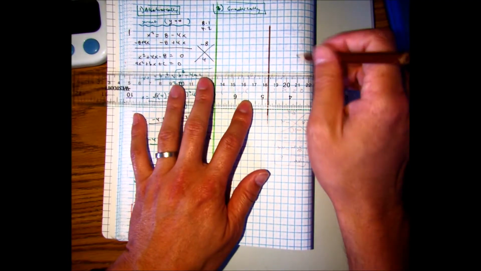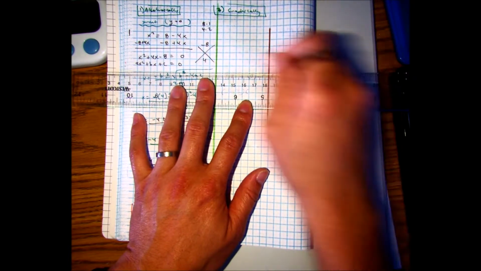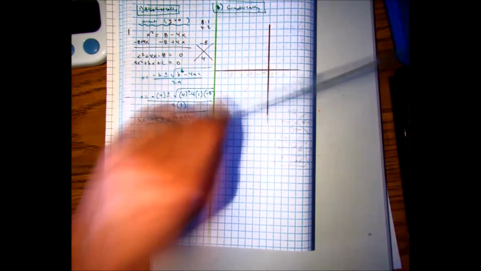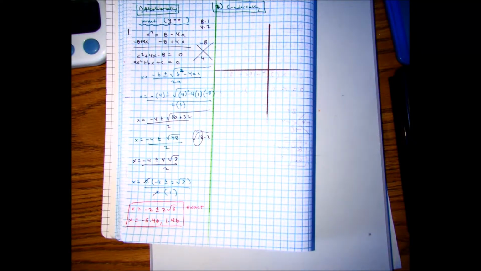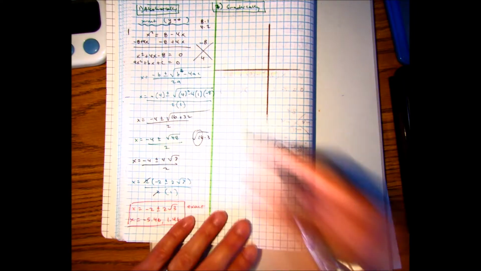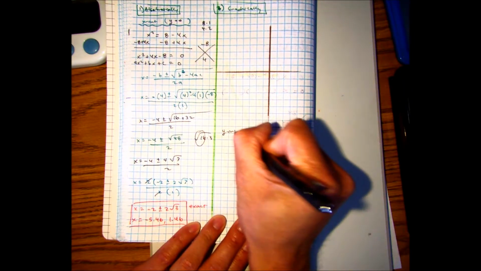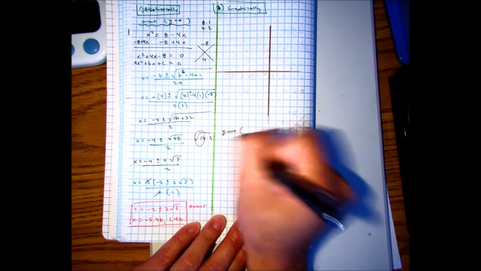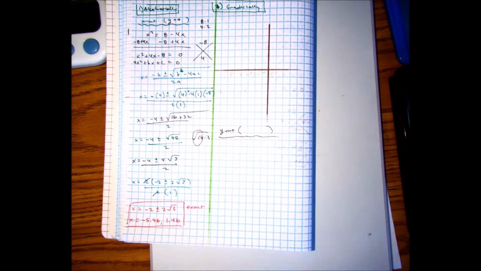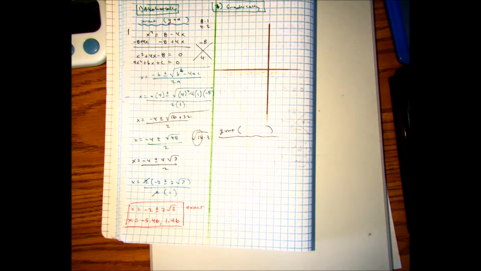We didn't find which intercept? Let's do that really quickly. Partner B, tell partner A, how do you find a y-intercept?